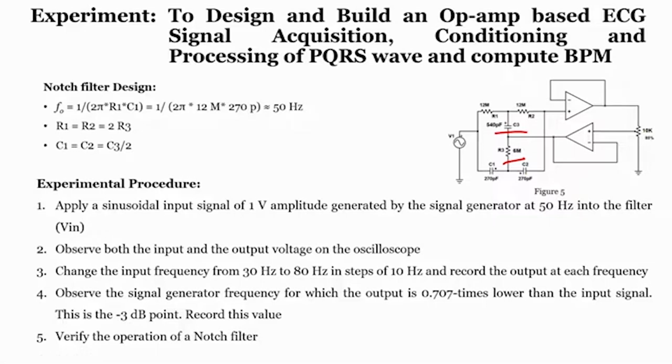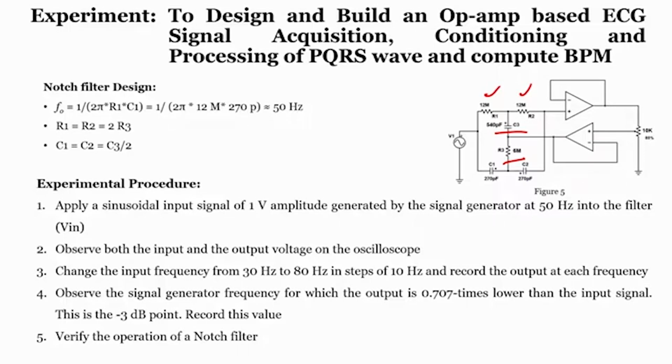Now, what makes us select these particular values? Since our interest is completely on elimination of the 50 Hz signal, we calculate our cutoff frequency, which as we already know is 1 over 2 pi R1 C1. When we substitute the values of the capacitor and the resistor, we get approximately 50 Hz. The selection of R1, R2 and R3 should be such that R1 and R2 are the same, and C1 and C2 are the same.